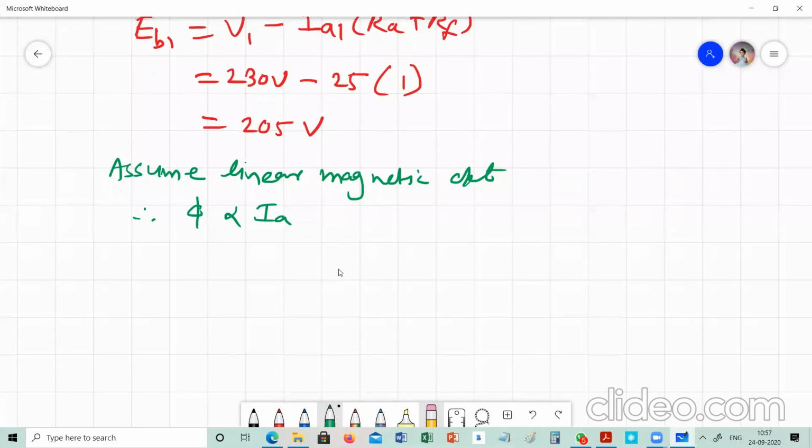Therefore phi1 by phi2 is equal to IA1 by IA2, but the value of IA1 is known and IA2 is not known.